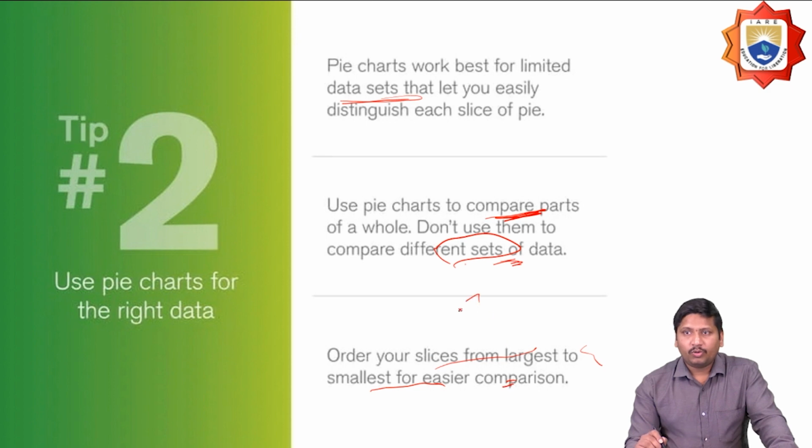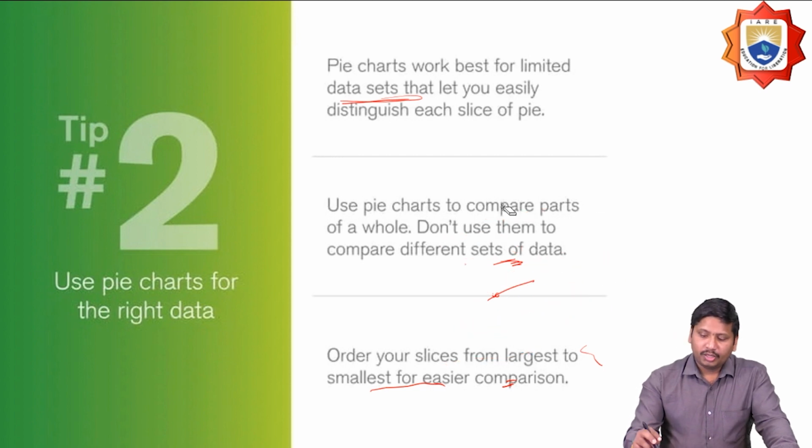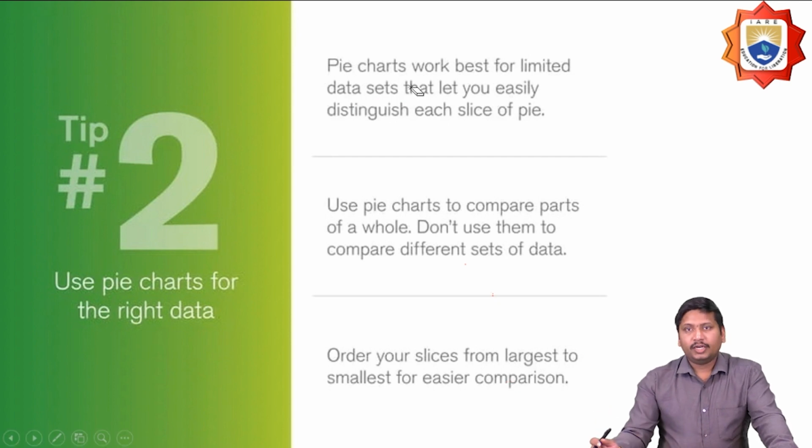If I compare a smaller data set with another pie, the order should be largest to smallest: the largest is taken first, and the next largest is compared. Like this we can compare, and then the data we visualize will be much better.